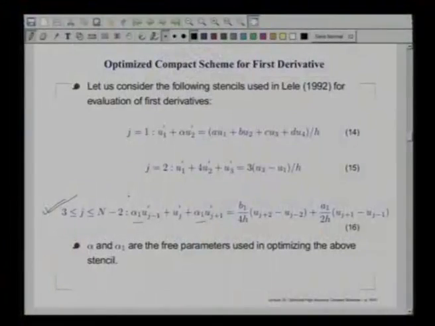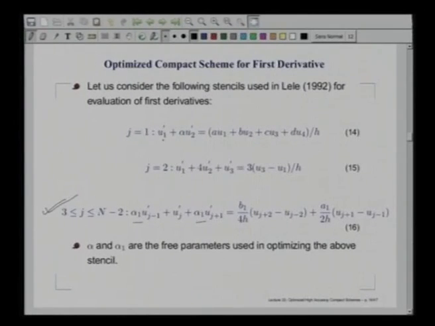So, what we have done is, for j equal to 1, we have written a one sided scheme, because you see the points are available only on one side. So, if I am looking at j equal to 1, I can only take information from 2, 3 and 4. So, that is your right hand side, whereas on the left hand side I have tried to keep the implicitness of the scheme.